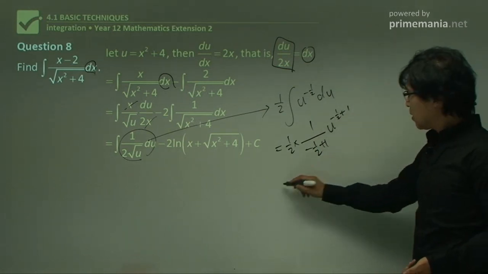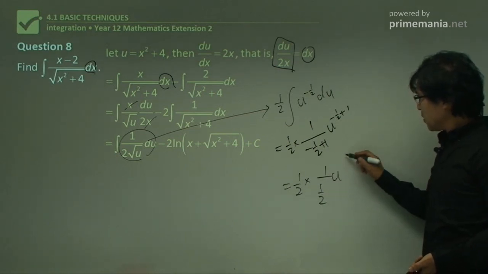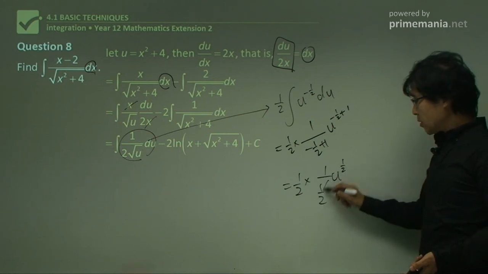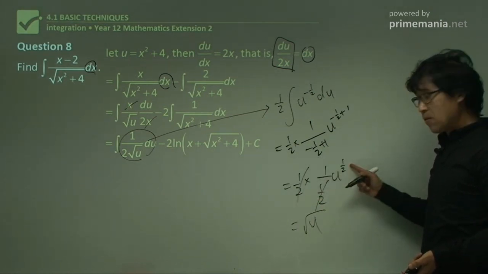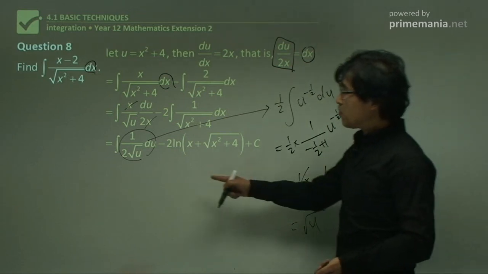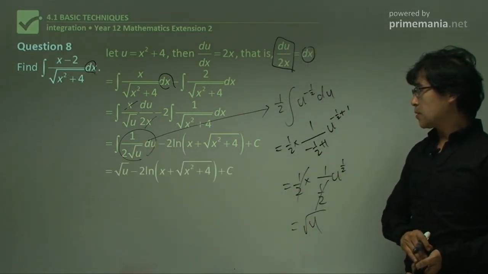Can you see? So that is a half, that is a half, so we're going to cancel them. So square root u. U to the half power is square root u. So this first integration will get changed to like this. It's so simple.